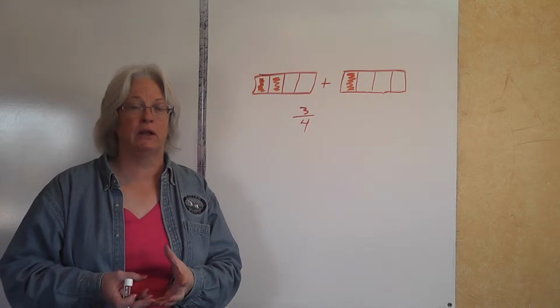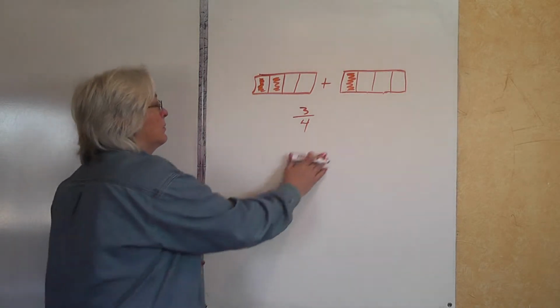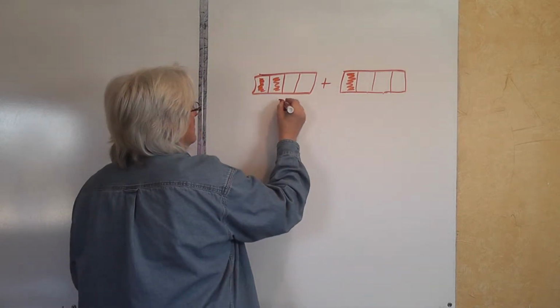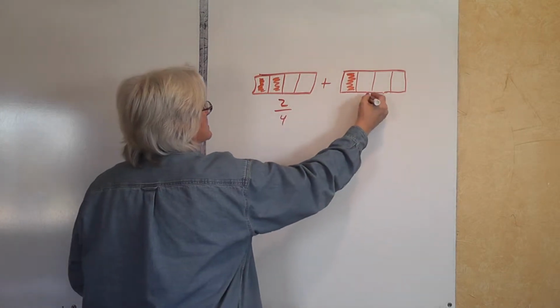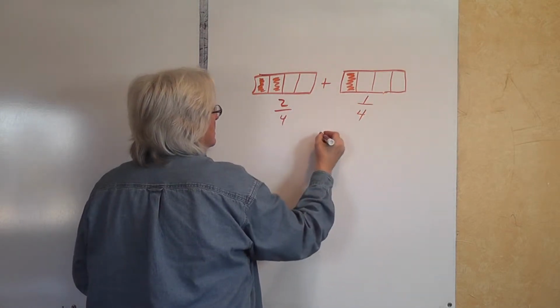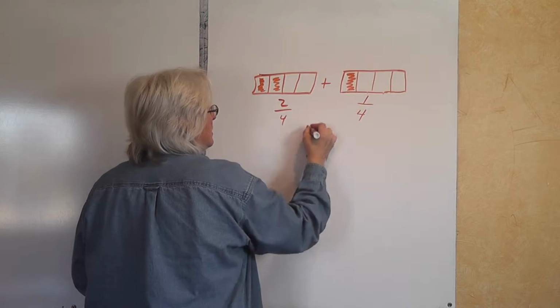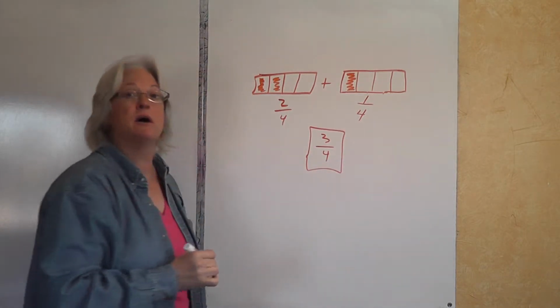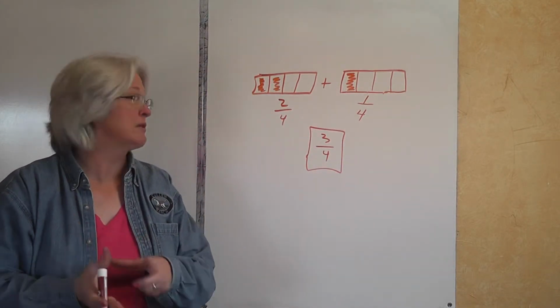All that we did here when we were combining was 2/4 plus 1/4, and we saw that that sum is equal to 3/4.